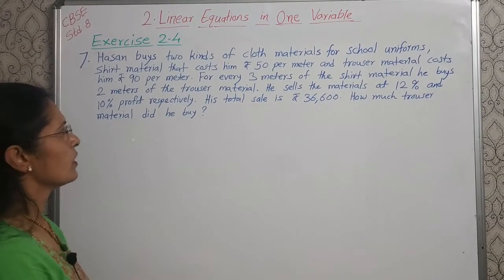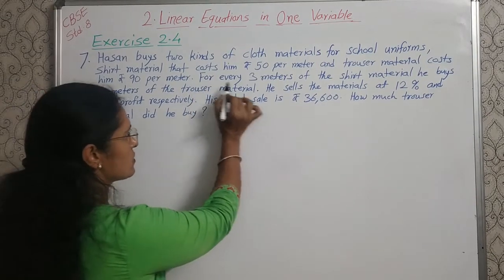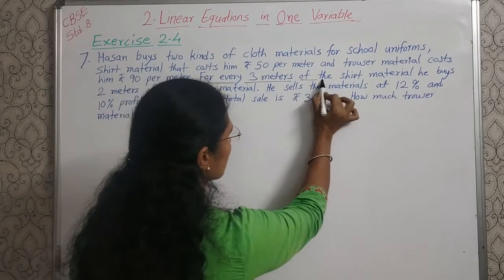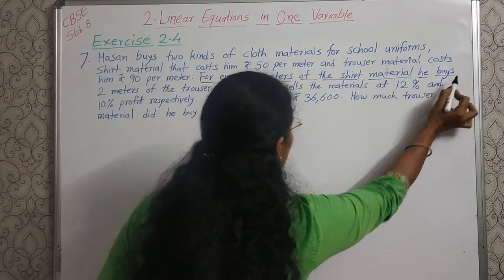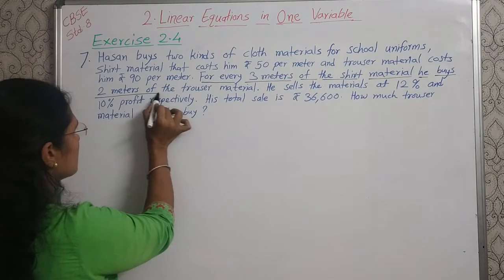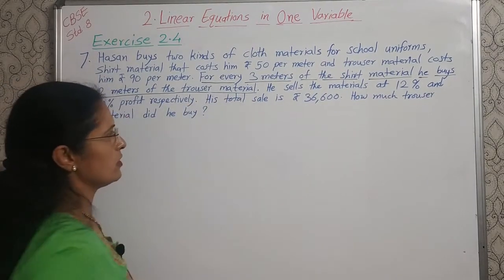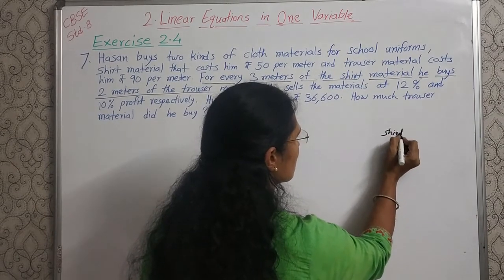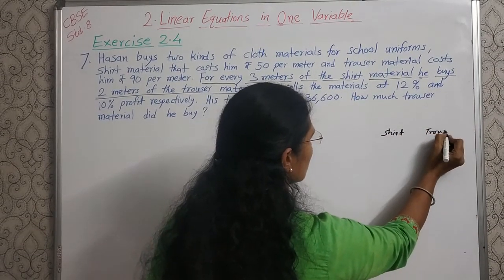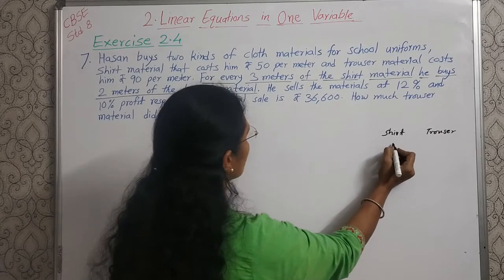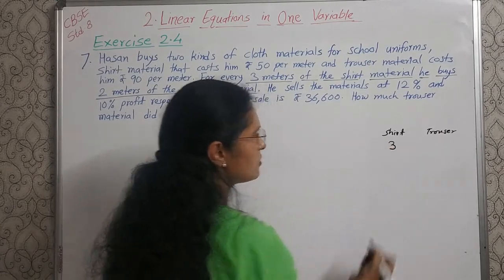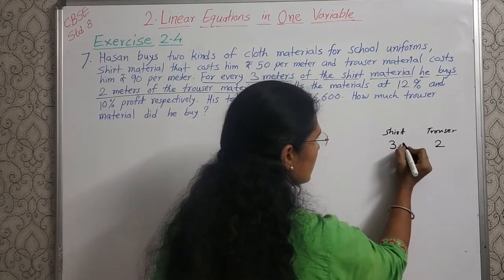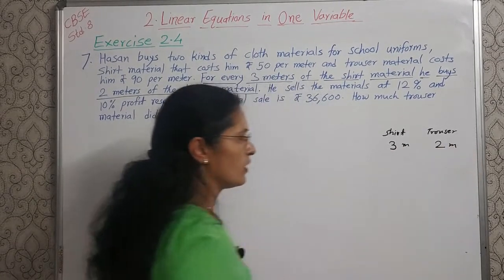Now see, we'll see this condition first. For every 3 meters of the shirt material, he buys 2 meters of the trouser material. So if he buys 3 meters of shirt material, for trouser he will buy only 2 meters.